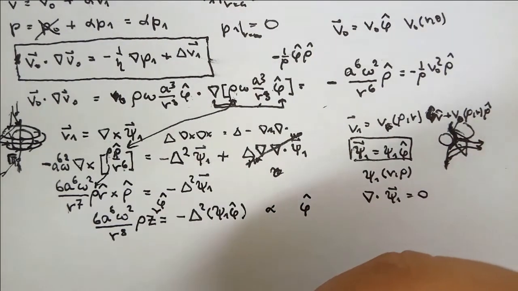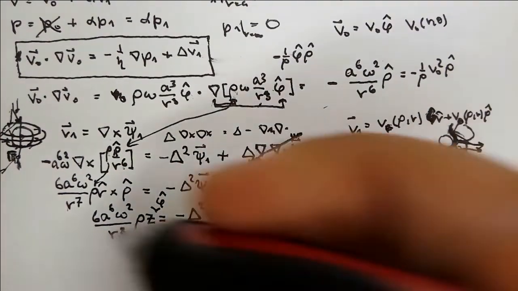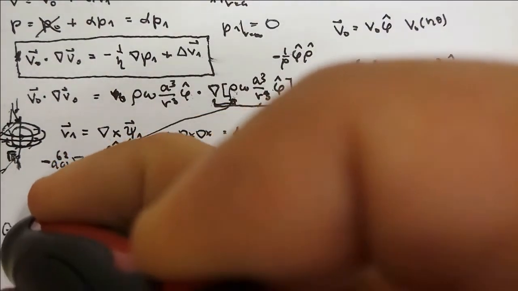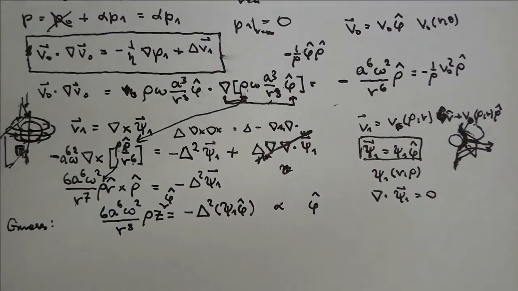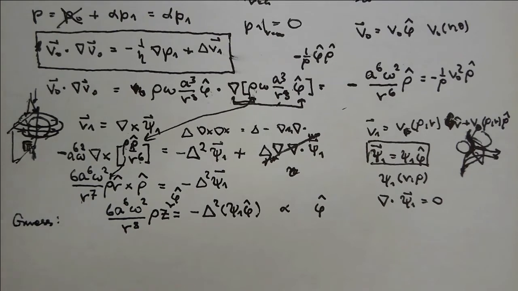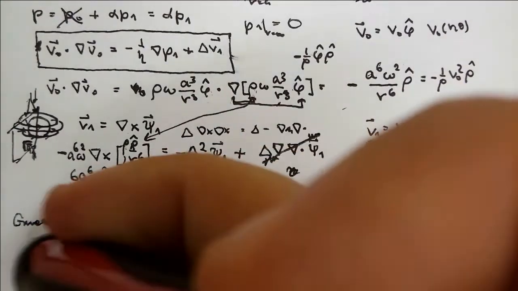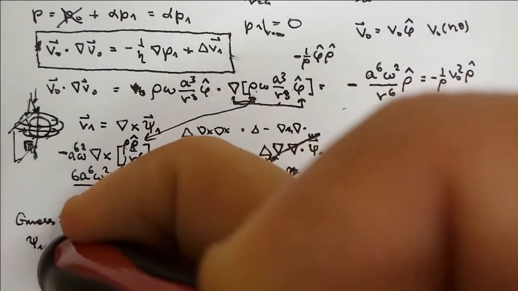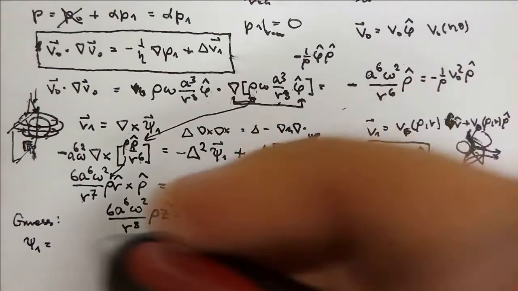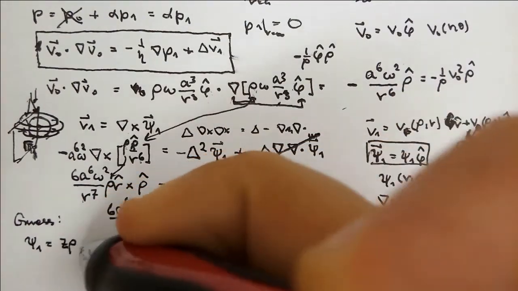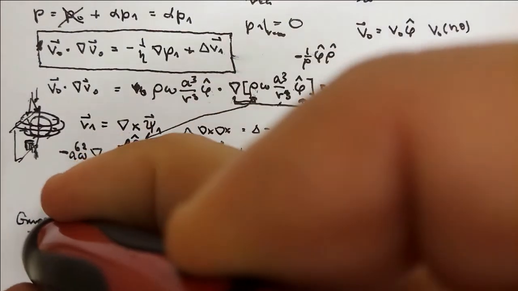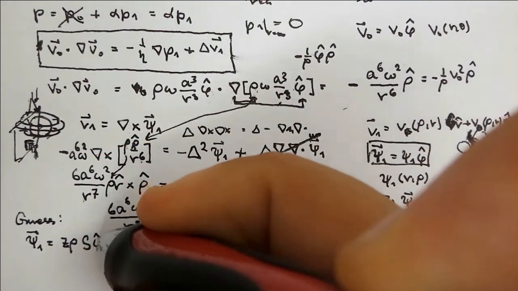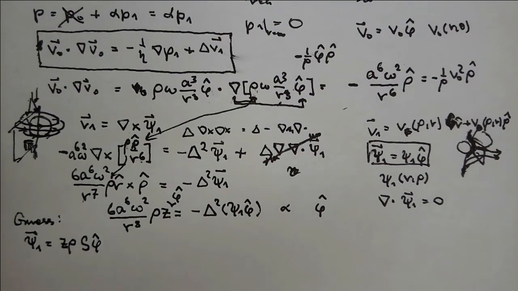So the solution guess, so we will guess the solution, and our guess will be that psi 1, this is a scalar from here, is 0 s. So this is our scalar, and for the vector it's just multiplied with phi hat.